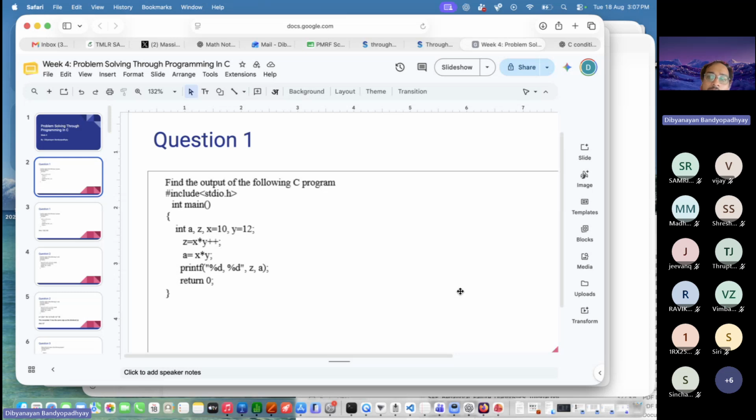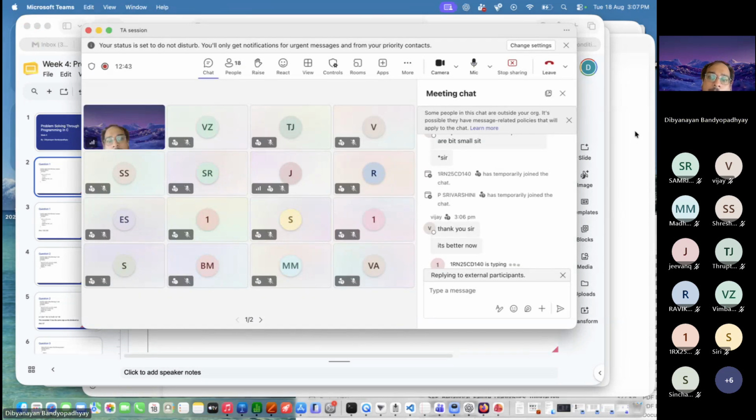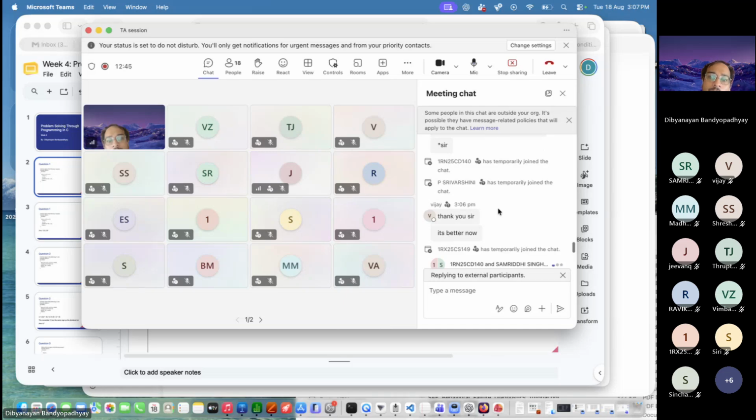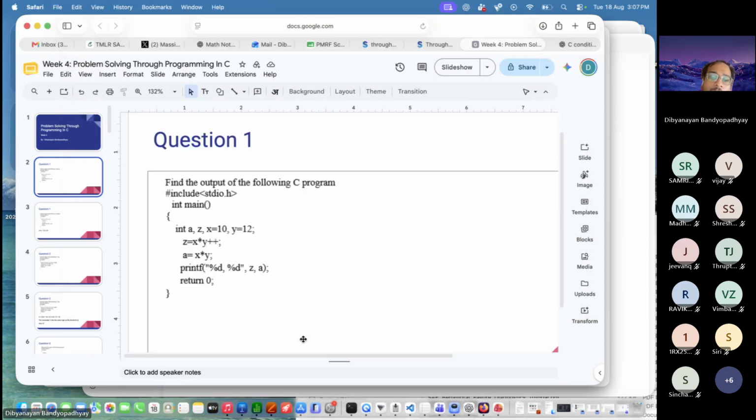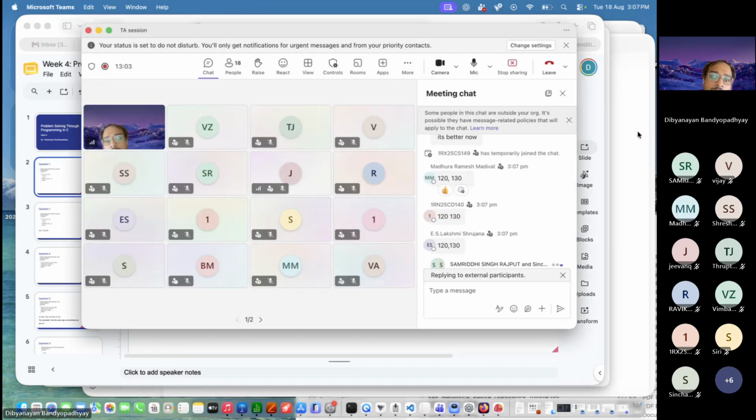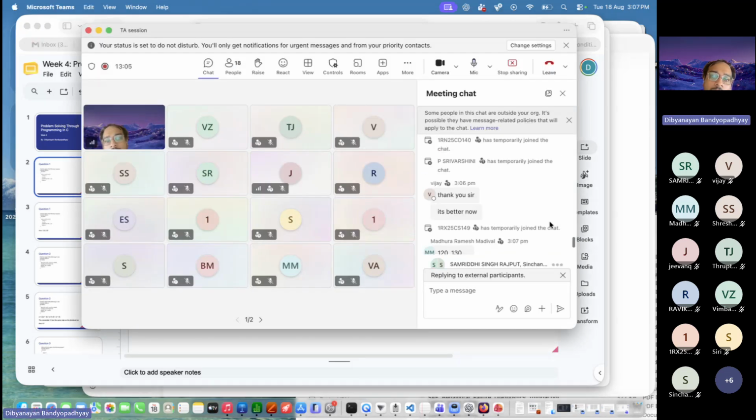So what is the answer? Can anyone tell? 120, 130.